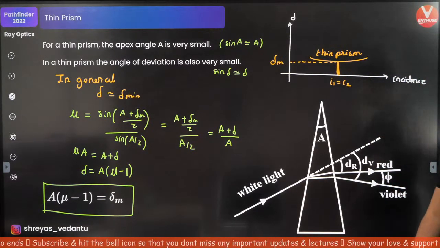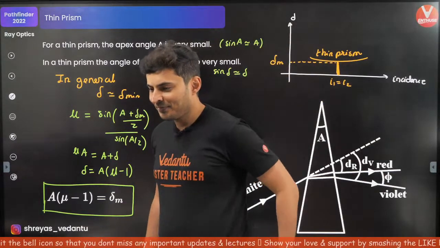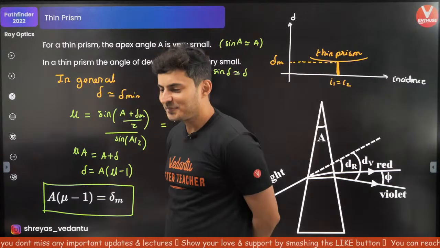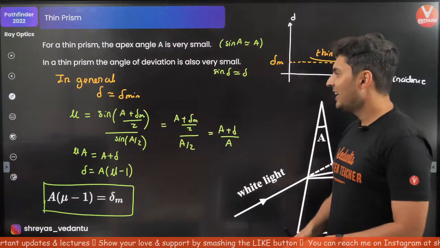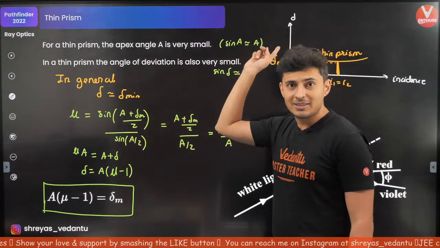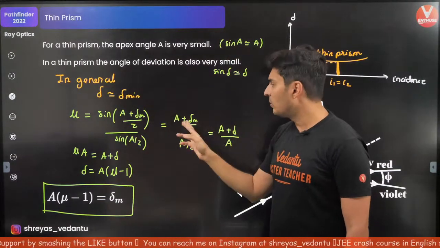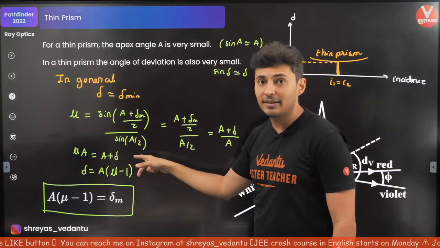Does it matter or does it not matter? Degrees, radian, okay. Think. I'll tell you what, it really doesn't matter. The reason is, if you have to use this approximation, actually speaking, the angle should be in radians. Let's say you convert the numerator into radians, obviously you have to convert the denominator also into radians.